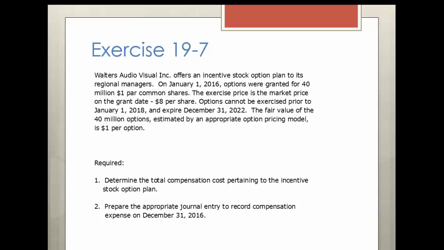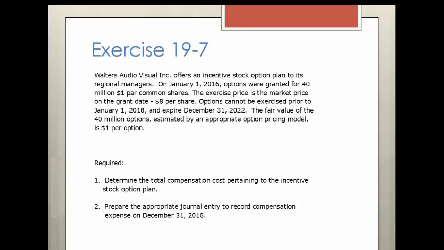So again, the exercise price on the option is $8 and the market price is $8. Options cannot be exercised prior to January 1st, 2018 and expire December 31st, 2022. The fair value of the 40 million options estimated by an appropriate option pricing model is $1 per option.